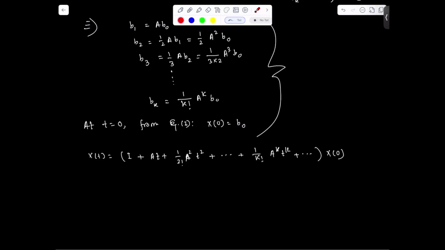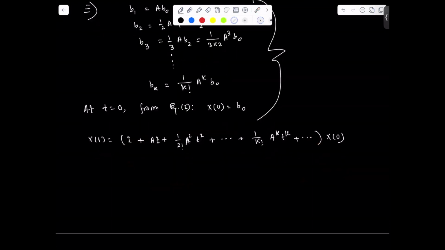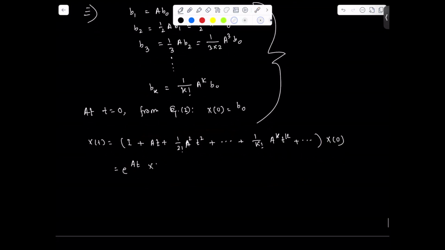So now, if you remember from the mathematics you have done before, this is nothing but the expression of e to the power At. So from this expression, we can write e to the power At x naught. So this is the Taylor series of e to the power At.